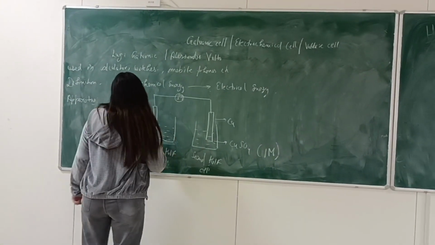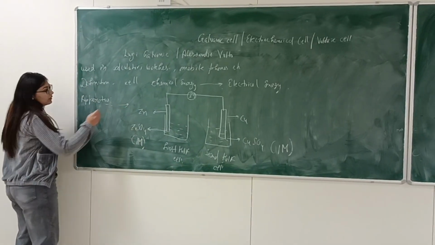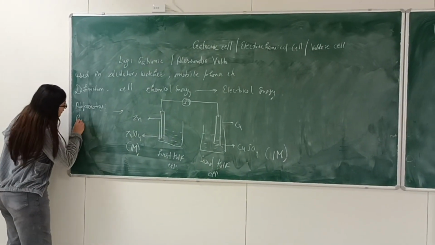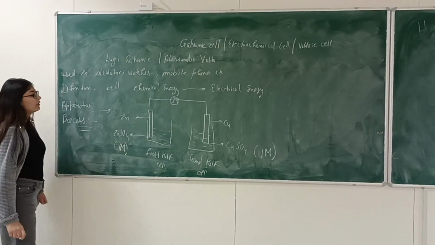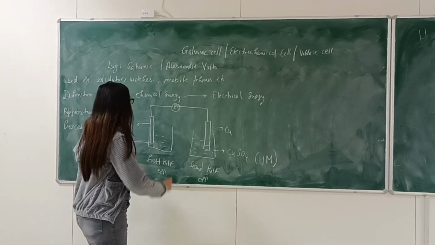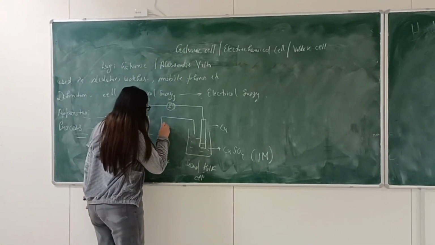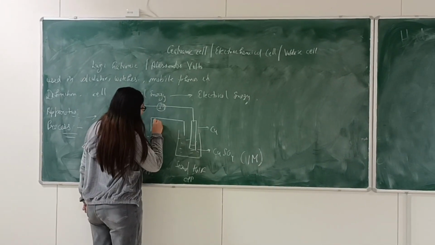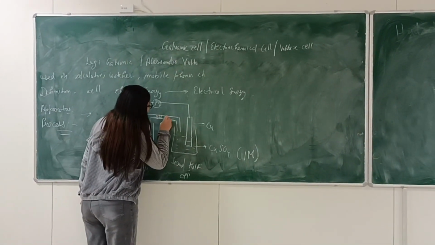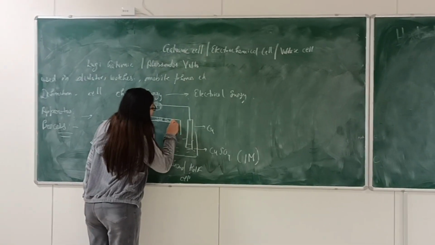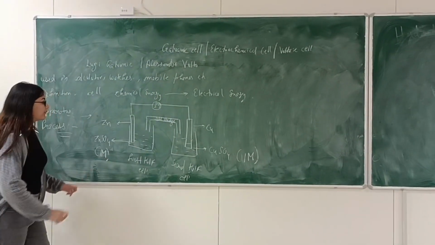So this one is the apparatus. Both the cells are connected by a bridge which is called salt bridge. And here is a very important role of the salt bridge.